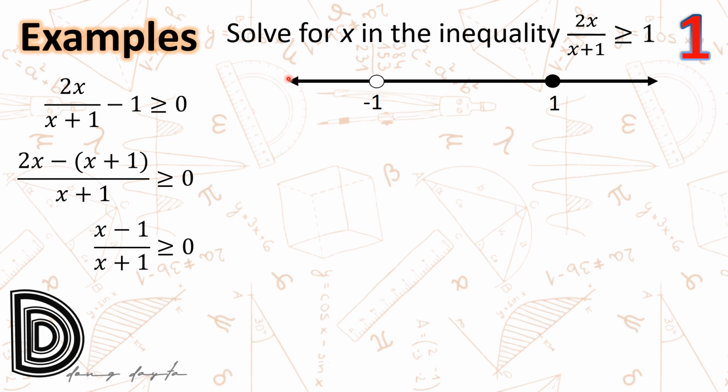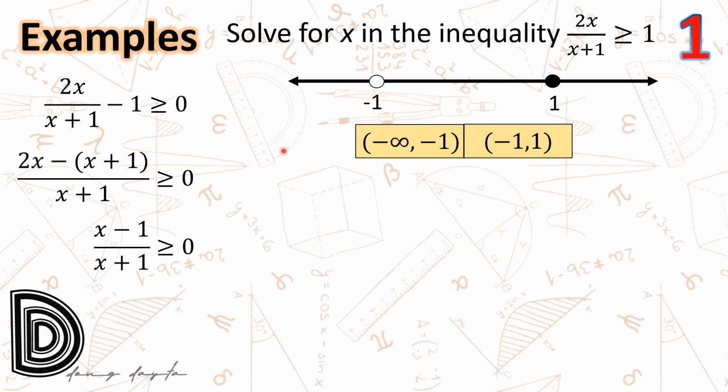Now, negative 1 and positive 1 divide the number line into 3 intervals. What are these intervals? Negative infinity to negative 1, from negative 1 to positive 1, and positive 1 to positive infinity. And then the rule says we are to find a test point from each of these intervals.